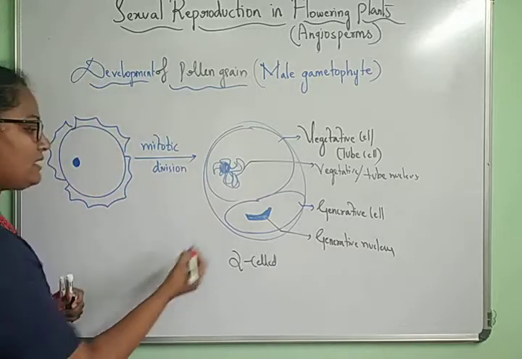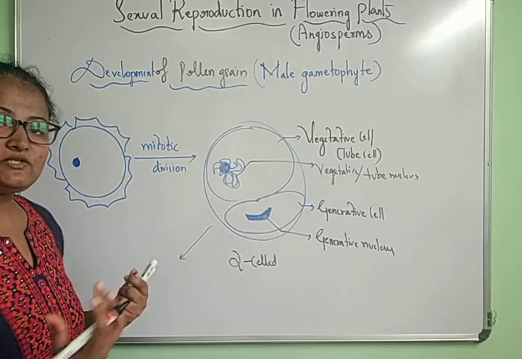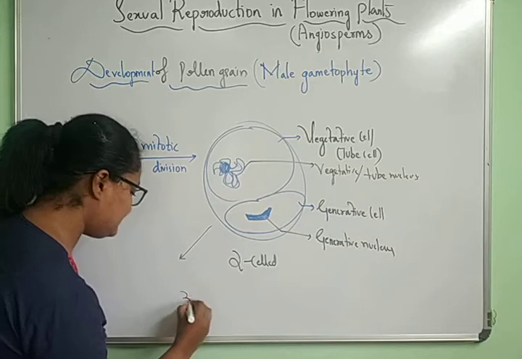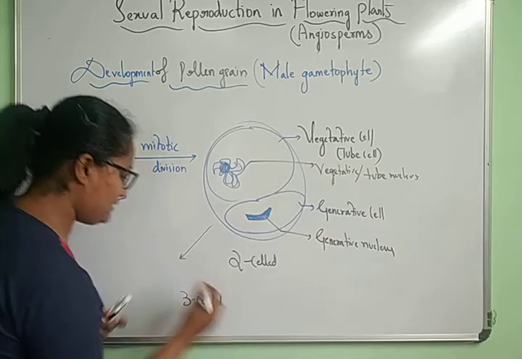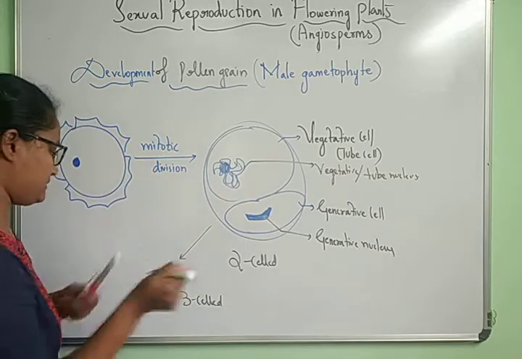Sometimes this two-celled stage is converted into a three-celled stage also. And how?